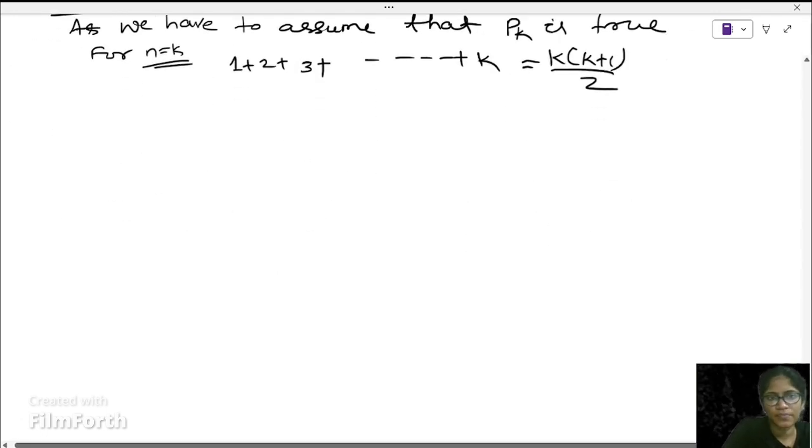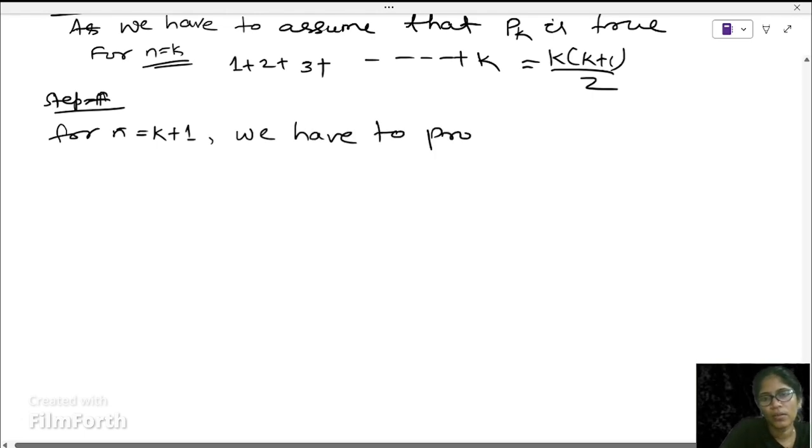Next step, step 3. For n is equal to k plus 1, we have to prove that Pk plus 1 is true.